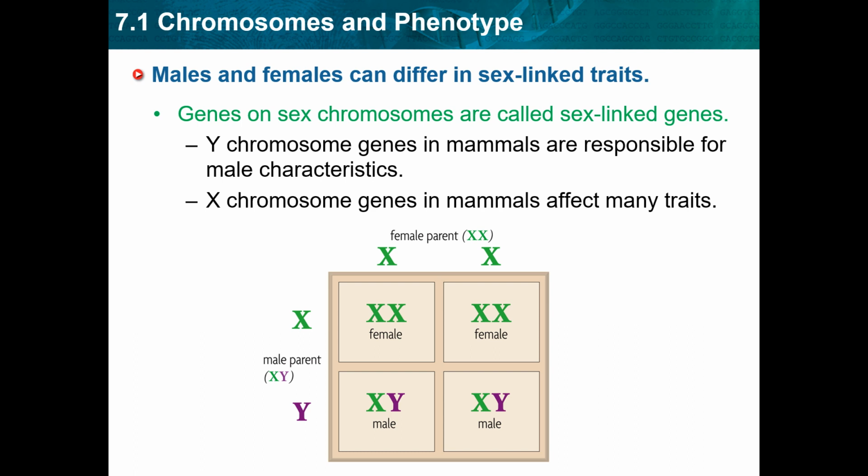It has all the genes that determine things like testes production, formation of the penis, all the stuff that makes a male. That's all coded in the Y chromosome. Whereas the X chromosome, males also have an X chromosome, and females have two of them. The X chromosome just has genes that affect many different traits, but they're not necessarily gender specific.